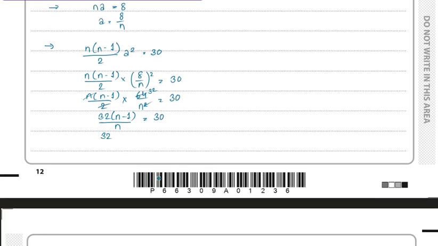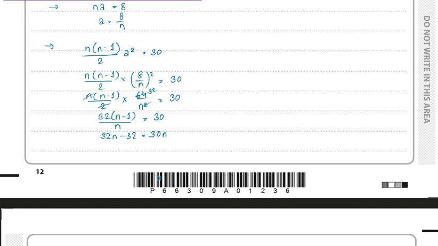And if you simplify it, or expand it actually, this will be 32n minus 32 is equal to 30n, if I cross multiply.